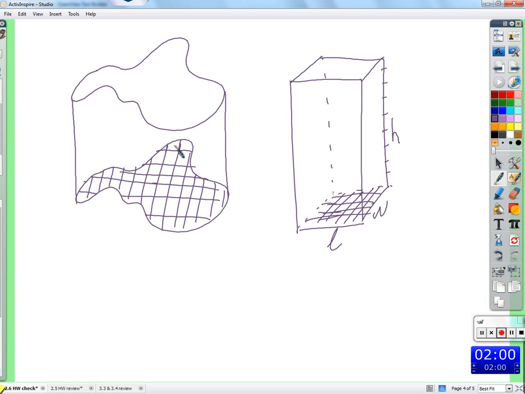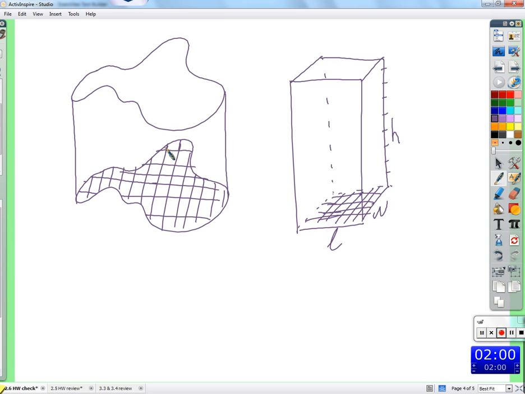When I multiply that by a height of 1, won't I have a half of a cube? Yes. And if this is a quarter of a square, won't I have a quarter of a cube when I multiply it? If this is an eighth of a square, I multiply by a height of 1, I get an eighth of a cube, right? Every square unit translates directly into a cubed unit when we have a full height of 1, right?